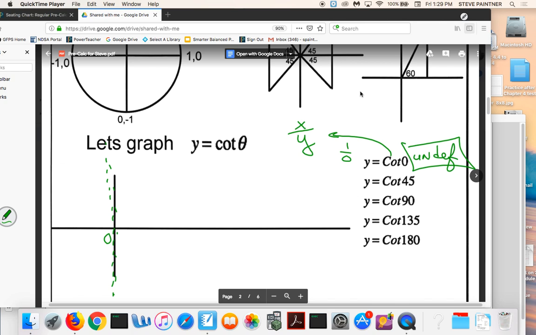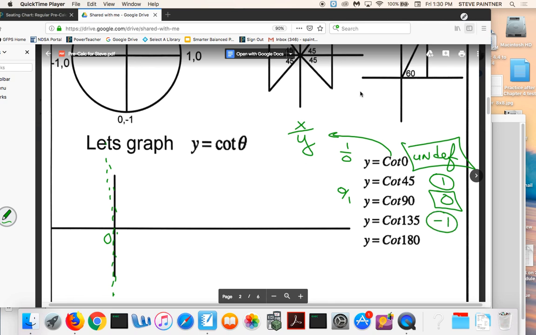What's cotangent at 45, if you can look at that one? It's 1. The answer is 1. What's cotangent at 90? 90 is way up there. It's 0 over 1, which is 0. What about 135? That would be this triangle. It's -1. Yep.